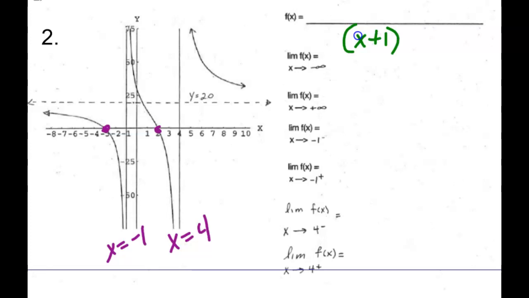X plus 1, good job. Also, what's in the denominator? X minus 4. What's in the numerator? Yep, to get that -3, we'd have an x plus 3. And also in the numerator, we'd have an x minus 2 to get this positive 2 right here.